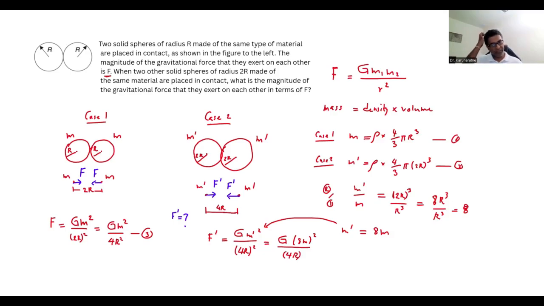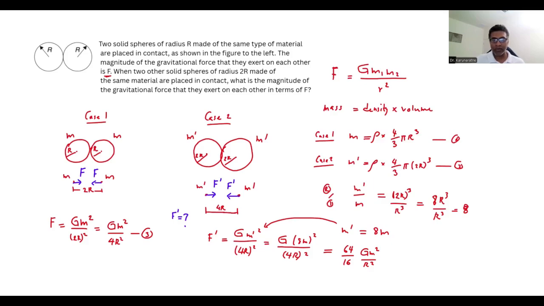Simplify this further. In terms of numbers, we have 64, since 8 times 8 is 64, divided by 16. And then we have G M squared over R squared. You can further simplify this, as there are four 16s in 64.